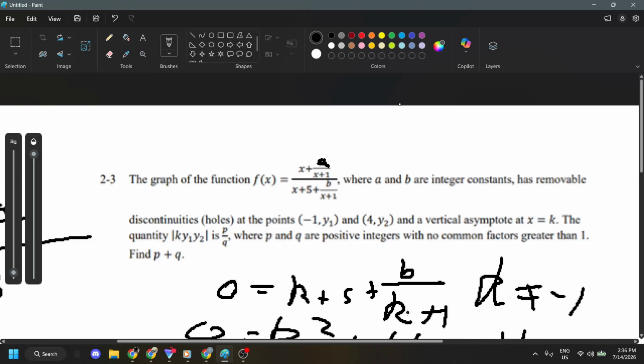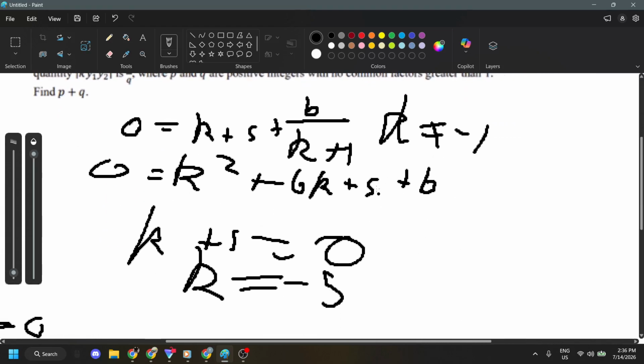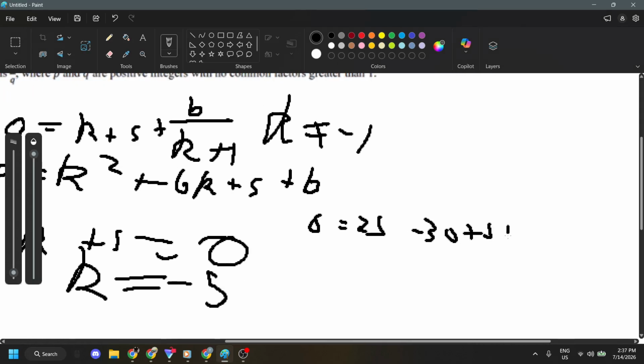Now we just need y1 and y2. Oh, if k is equal to -5, we can find b. We get 0 is equal to 25 minus 30 plus 5 plus b. So here we get b is equal to 0.